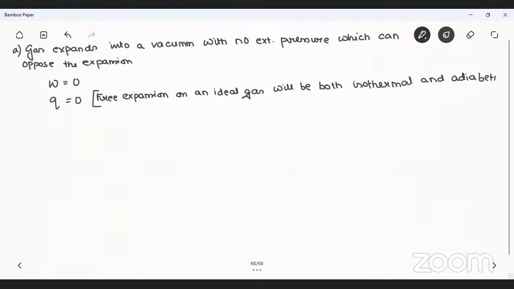Is this part clear? That is the reason I have written Q equal to 0. Is this part clear or not? Yes, ma'am.